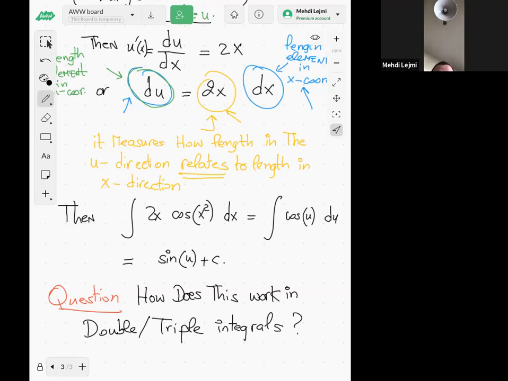Okay. So we're going to suppose that we have substitution in dimension 2.